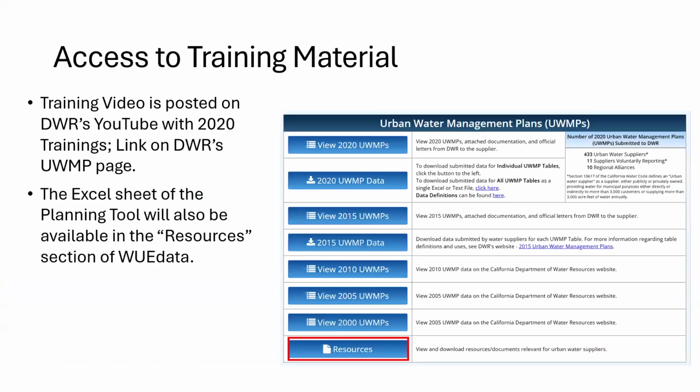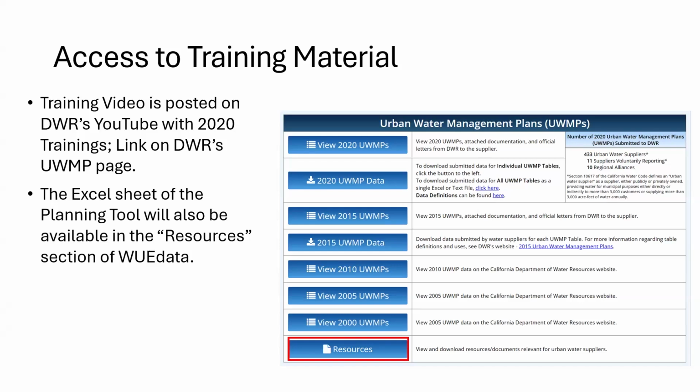But before we get into the content, let's go over how you can access this material. The training video is going to be posted on DWR's YouTube along with the 2020 trainings, and the link to that will be on DWR's UWMP page. If you scroll down to the bottom of that page, there will be a training section, and there you can find the YouTube link.